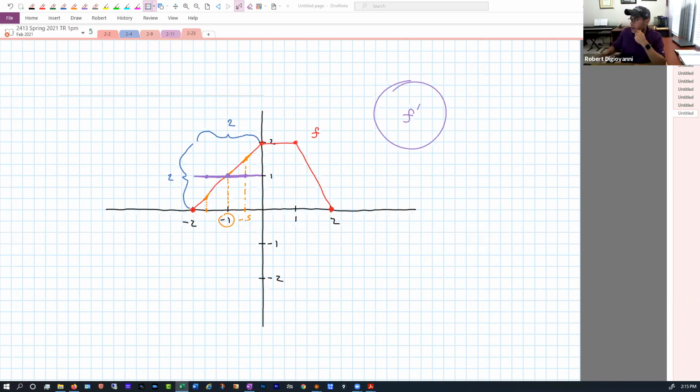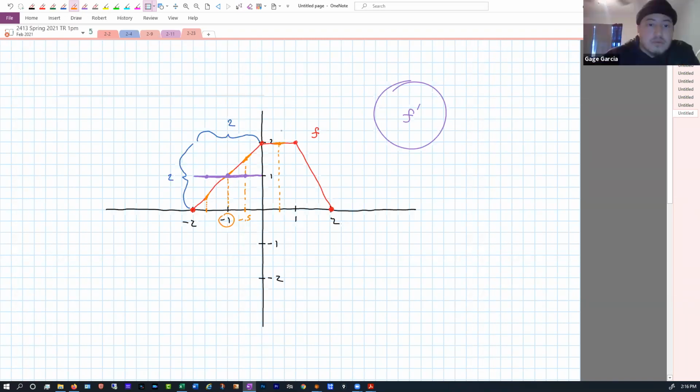All right, so how about Gage? Gage, are you there? Yes, I'm here. Okay, so Gage, my question for you now, because Austin took care of the left side, what about right here? If I pick this point, plug in here, can you tell me the slope of the tangent line there? It would be flat, right?